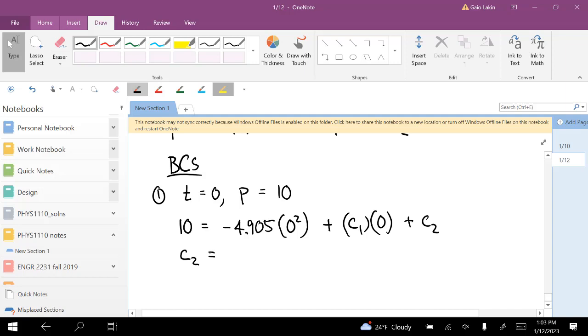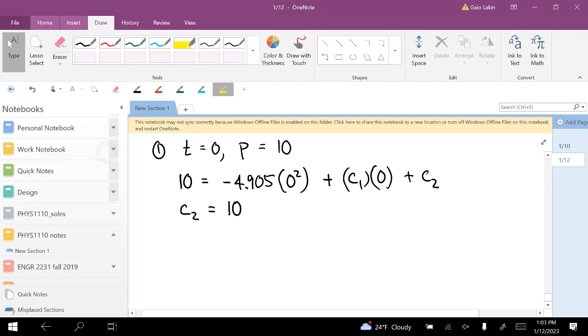And so C2 is equal to 10. And now we'll update our function.